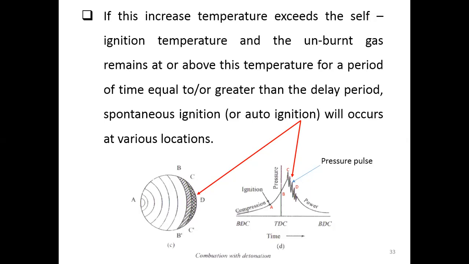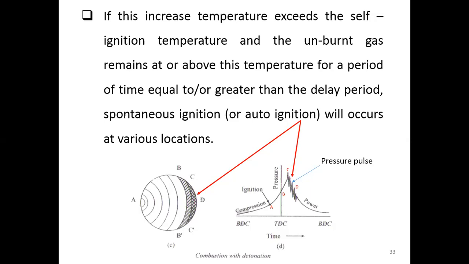All this results in what? The auto ignition or spontaneous ignition. And it happens in various locations because the end gas is in front of the flame front and is distributed throughout the combustion chamber.